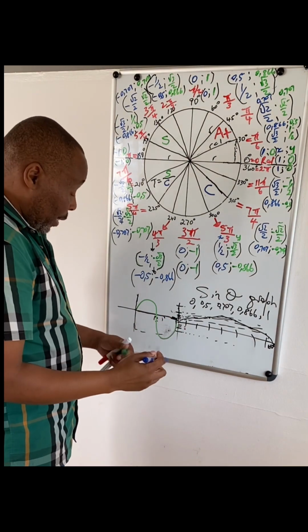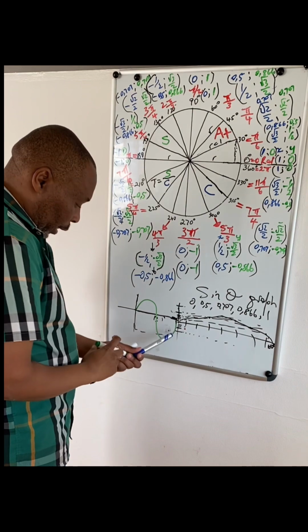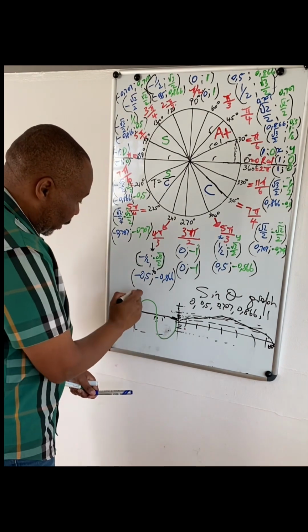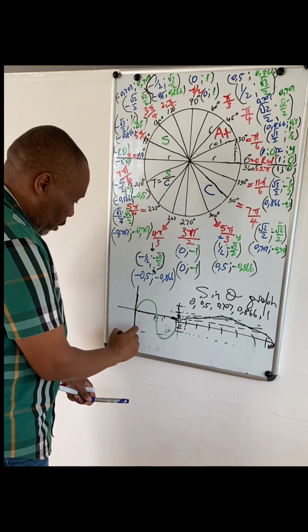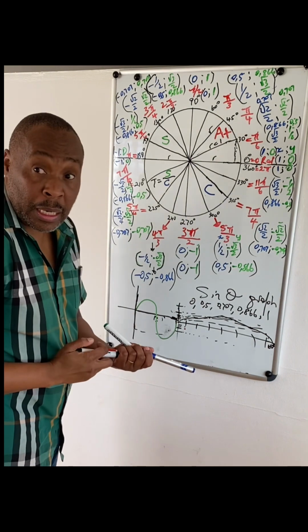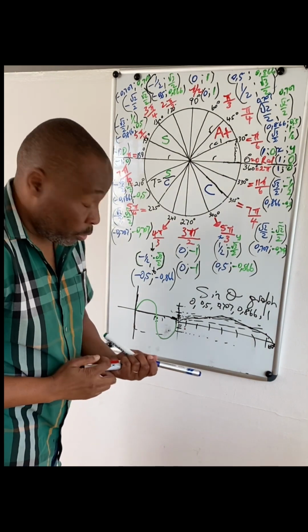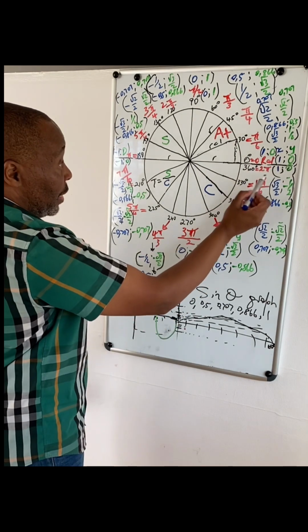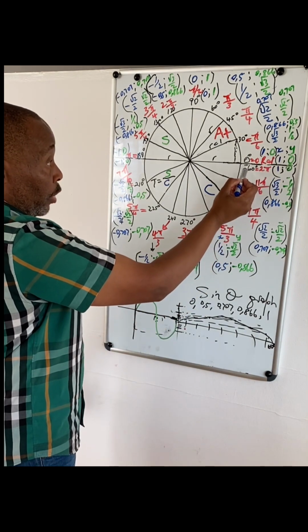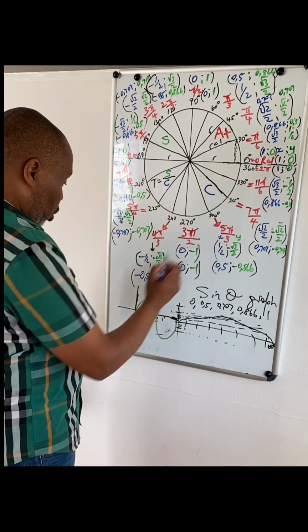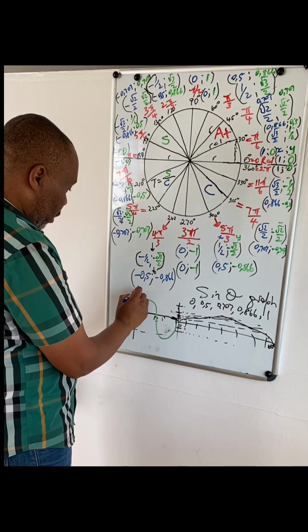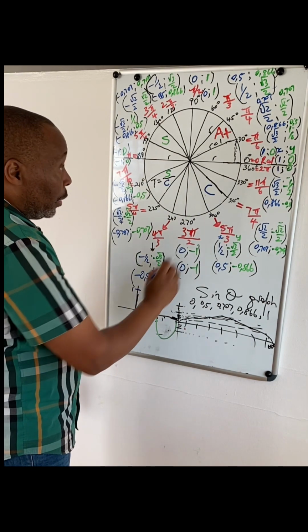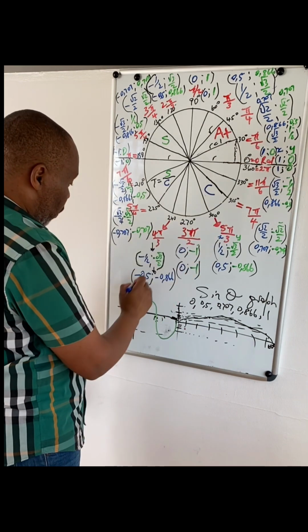Same thing with the cost graph. It will do the same, but the cost graph doesn't start from 0. It starts from 1. So we started here at value 1, and it takes us to √3 over 2.